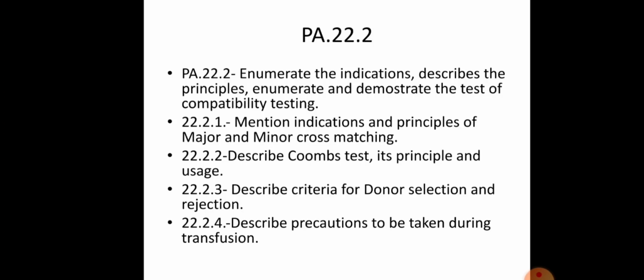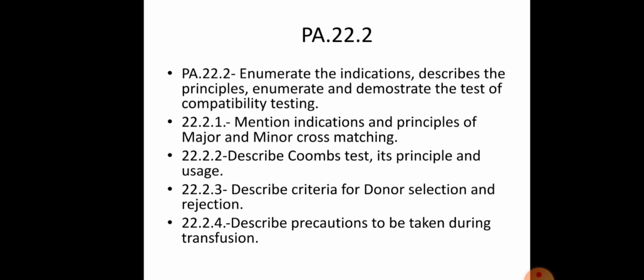Now that was PA 22.1, about everything about the blood group. Now it will be about compatibility testing, that is cross matching, and about the Coombs test. So in 22.2, first point we will learn about the indications and principle of major and minor cross match.